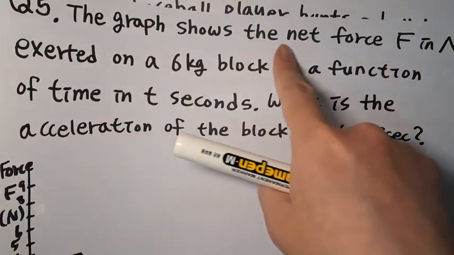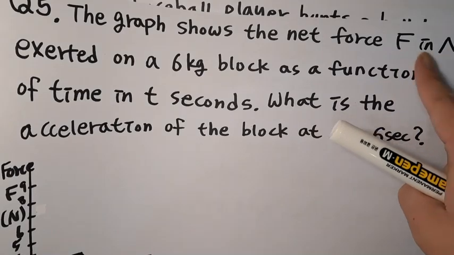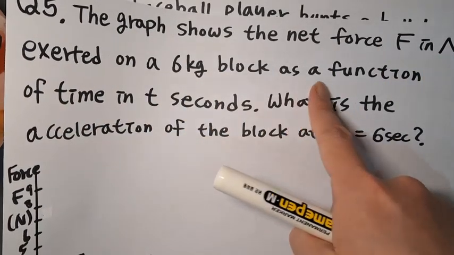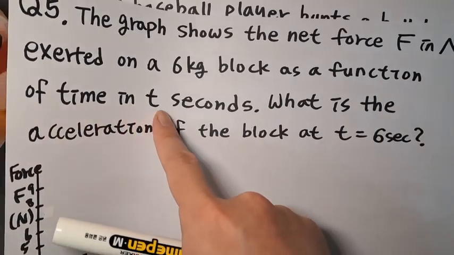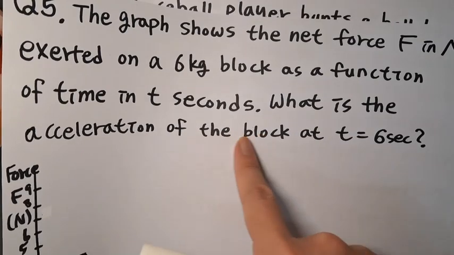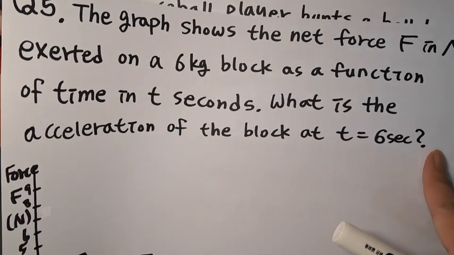The graph shows the net force F in Newton exerted on a 6 kilogram block as a function of time t in seconds. What's the acceleration of the block at t equals 6 seconds?